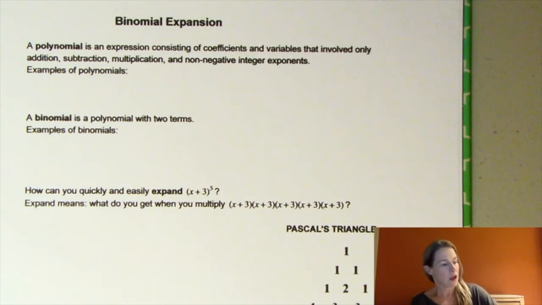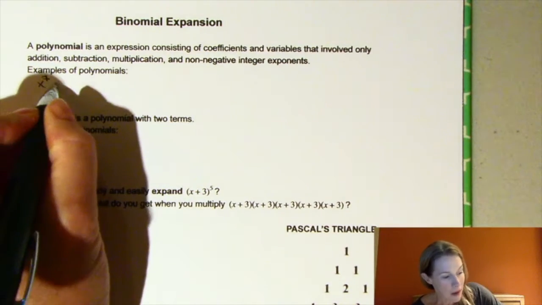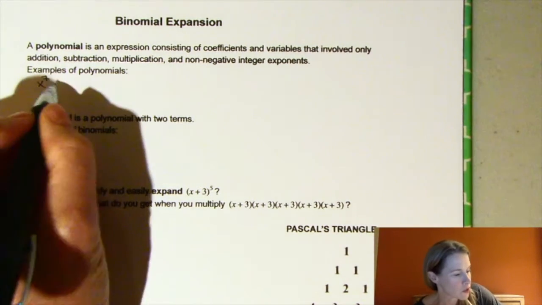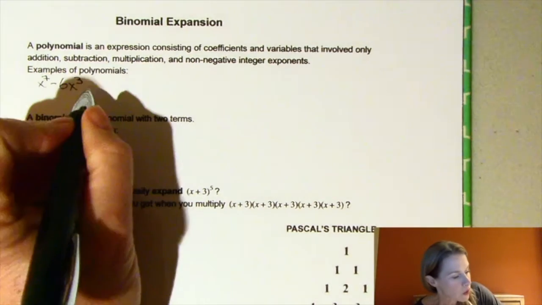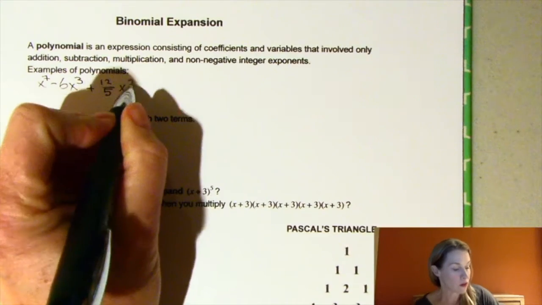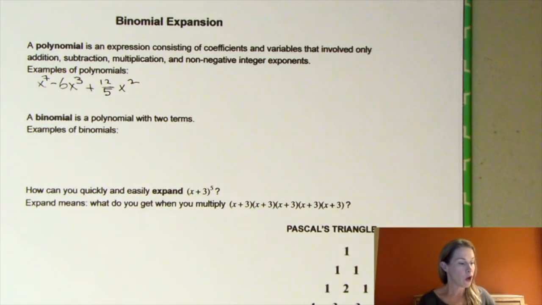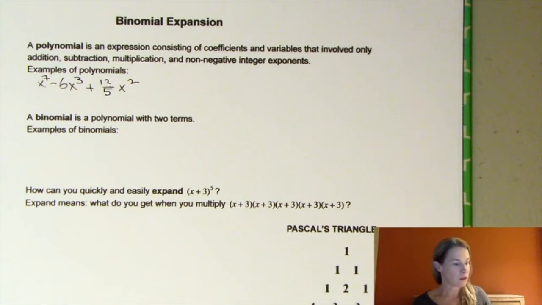For instance, you could have x to the 7th, and then minus, so that's addition or subtraction, 6x to the 3rd, say, plus 12/5 x squared, right? So far we have coefficients and variables that are added, subtracted.